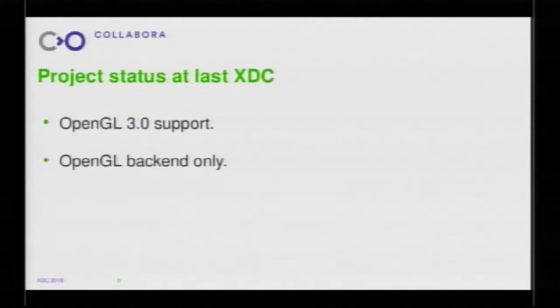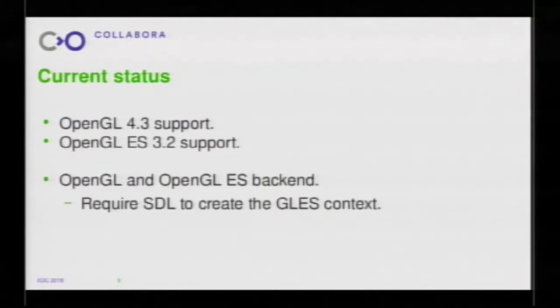Last year, we were only able to run OpenGL 3 inside the VM, and we need a GL backend, so your system needs to run OpenGL. Right now, we are able to run OpenGL 4.3 and OpenGL ES 3.2 on the VM.